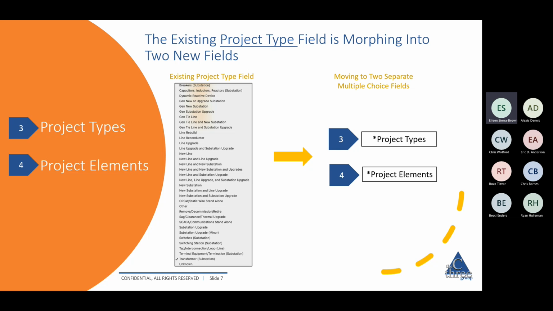So that drop-down list was very stagnant and didn't really break out all the details of the project. So what we've done is we've broken up what was captured in this old project type field into project types and then project elements. So those other components that are involved in the project. So we're splitting up the information.